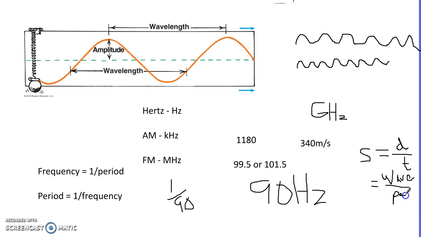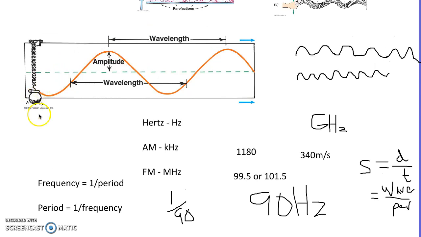But if we replace the period with 1 over frequency, the formula for wave speed changes into: wave speed is equal to the frequency of the wave times the wavelength of the wave.